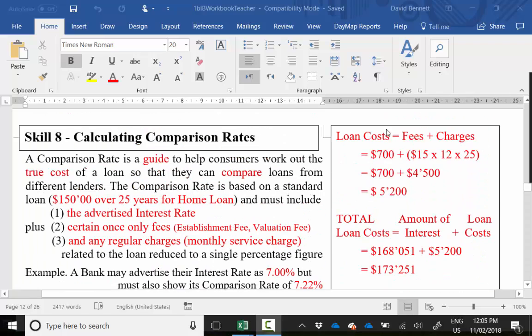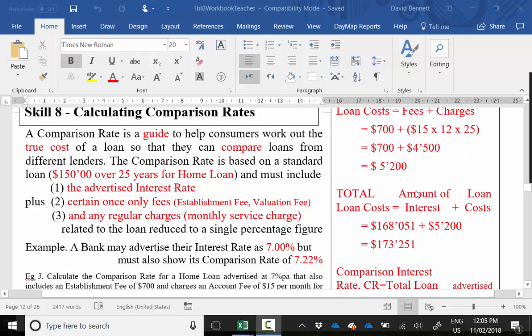Over here, we've got our loan costs. We have fees every month of $15, and that's over 25 years at 12 payments per year. So that's going to be $4,500, and we had to pay a $700 establishment fee to the bank. So over the total loan, we've paid $5,200 worth of fees.